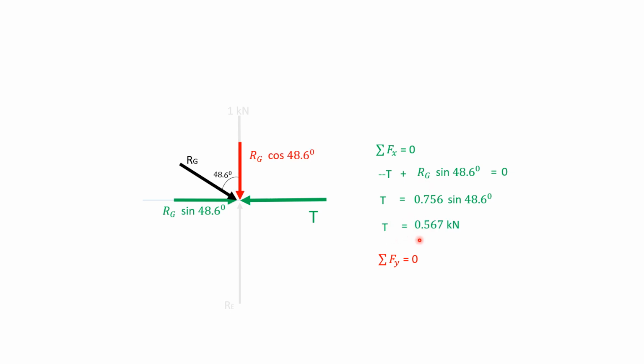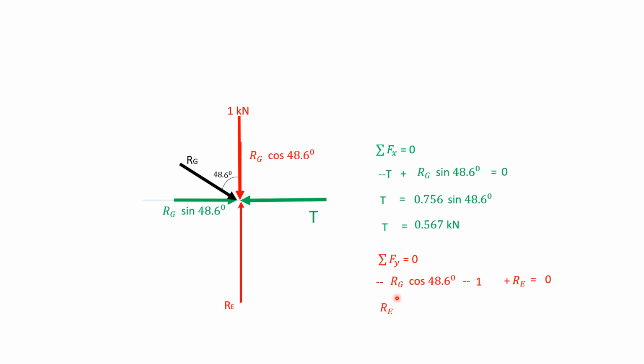Resolving vertically, RG is directed downwards towards the negative y-axis, so minus RG cos 48.6, and this force minus 1 is directed towards the negative y-axis, and plus RE is directed towards the positive y-axis, equals 0.